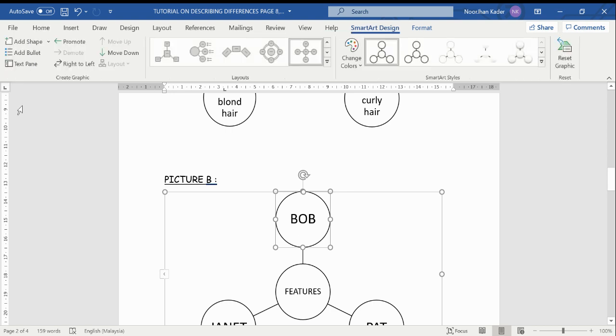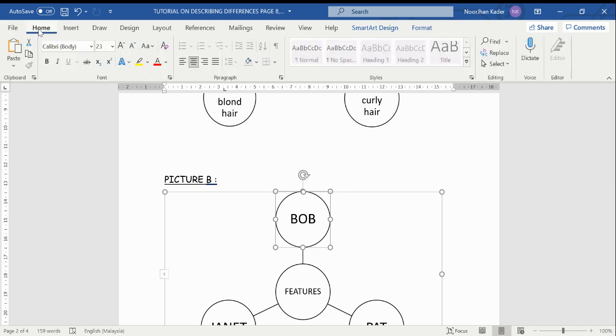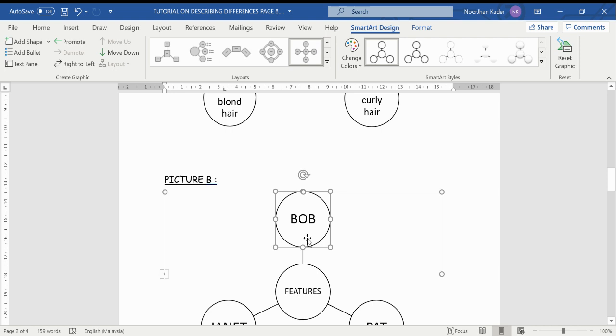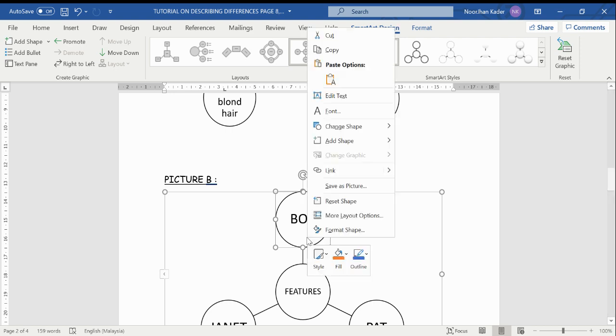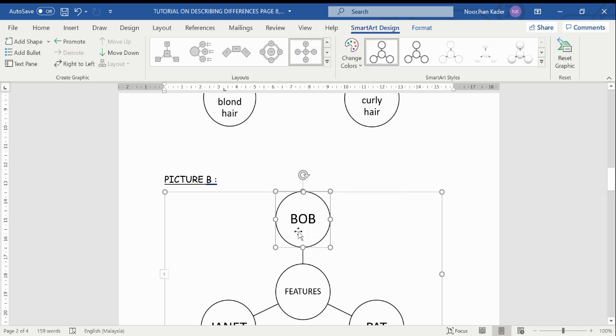Okay, Bob has got green eyes. Green eyes.